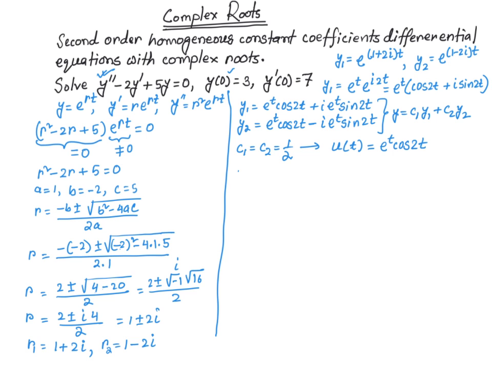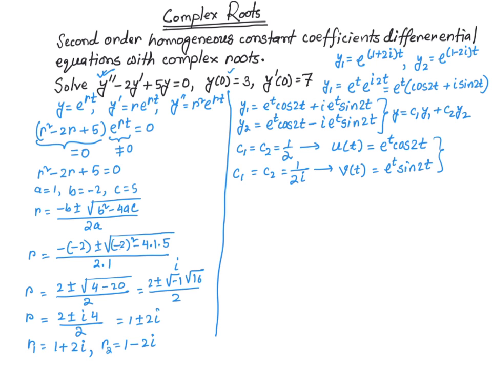And similarly, if I assume c1 is equal to c2 is equal to 1 over 2i, that's going to give me another solution v of t equal to e to the power t times sine of 2t. Now these two solutions I found, u and v, are linearly independent.